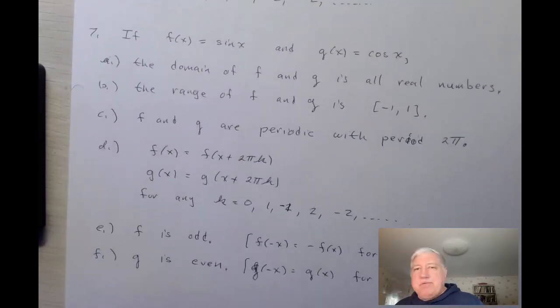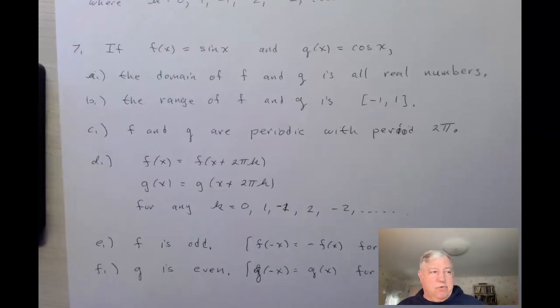Number 7 just basically formalizes everything with different notation. If you remember, when we're talking about functions, the domain of a function is the set of all possible values you can plug into a function, the set of all inputs, and the range would be the set of all outputs.